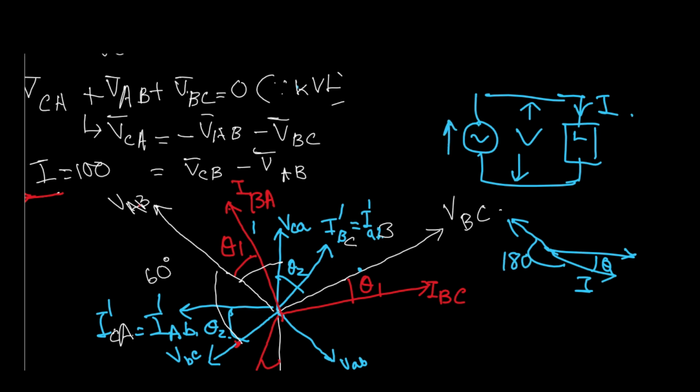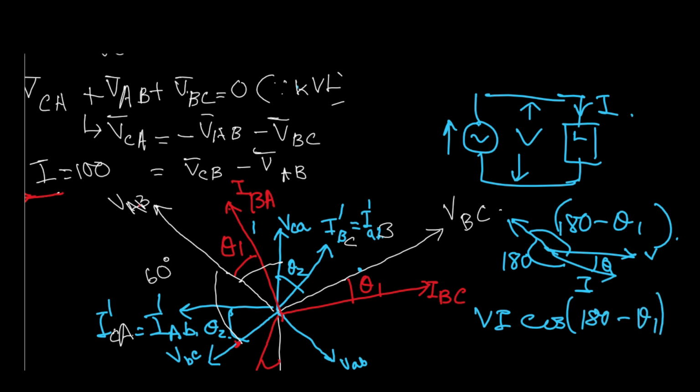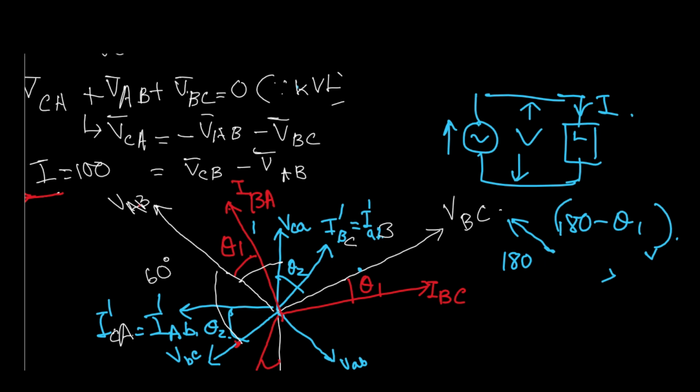Inside this, the current is going in the opposite direction, but voltage remains the same. So what will you get? You will get (180 minus theta 1), and obviously Vi cos(180 minus theta 1) will give you minus Vi cos theta 1. That means the exact amount of power generated by the source is consumed by your load. Okay, so this is 180 minus theta 1.